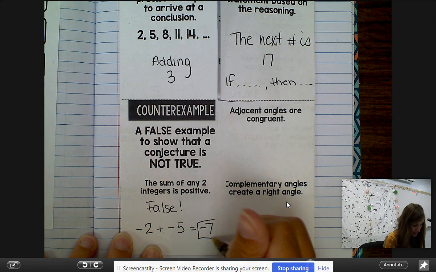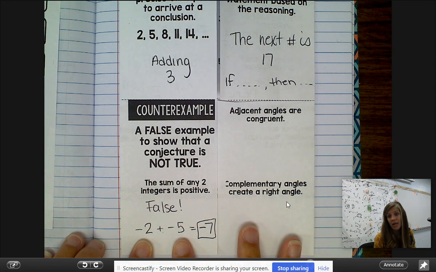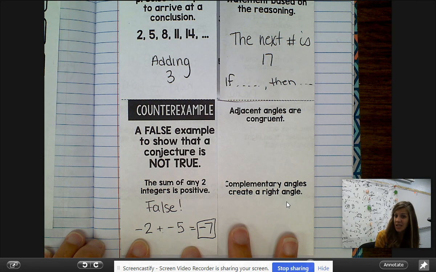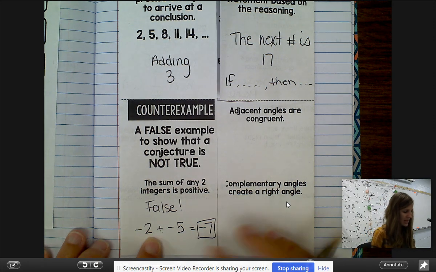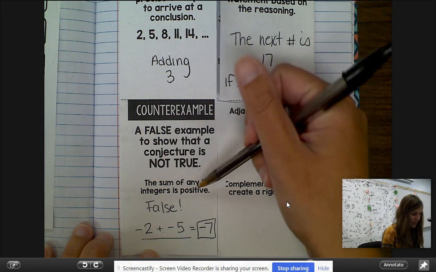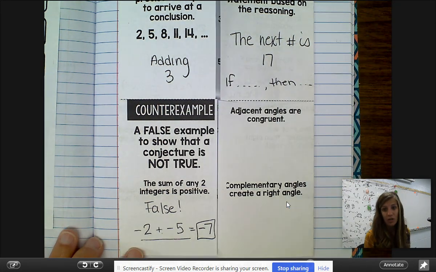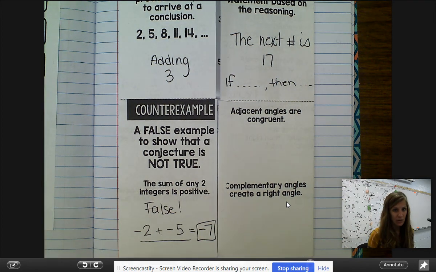It's negative. So you could always do that with 2 negatives, or you could do it with a really small negative, like -30, and then a small positive number like 2, because then you get a negative as well. So as long as you can show me a specific example of this rule being broken, then you've found a counterexample. So this is my specific example to show that it is false.